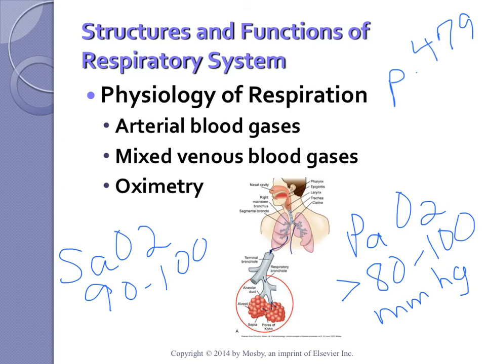The other thing we can talk about is you guys in long-term care and those of you in the actual hospital setting, and even in simulation, we talk about obtaining a SAT level on the patient. We're just doing a pulse oximetry. You do need to know that there are factors that can actually alter that reading. This is the one you just put on the finger. It's measured through the capillaries and you get a reading. It's not always accurate because sometimes things can alter it.